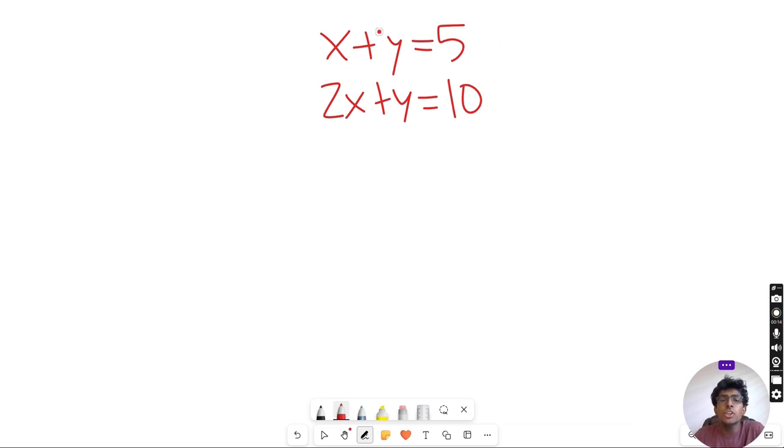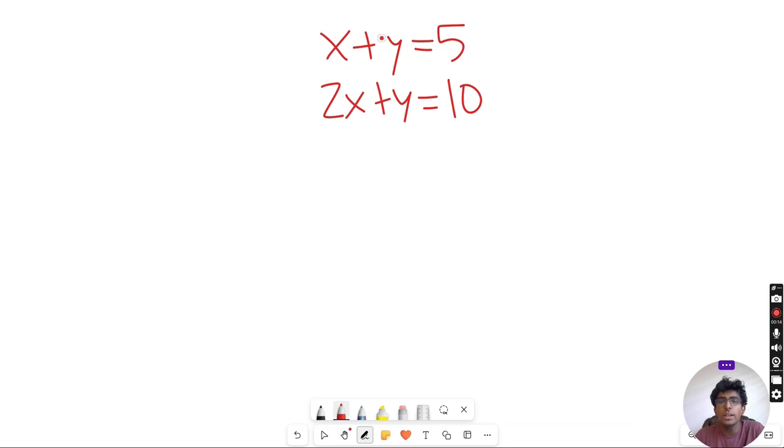You want to use elimination if, between the x's and between the y's, the least common multiple is really small. Let me illustrate an example. Here we're looking at the x terms alone to start with. We see we have a coefficient of 1 here and 2. So what's the least common multiple between 1 and 2?